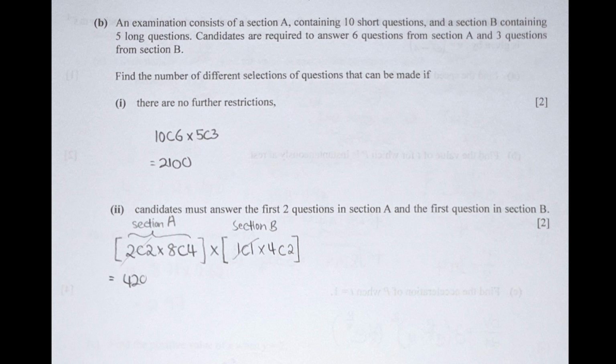This is for section A. Followed by section B, they selected the first, there's only 1 first question, so 1C1 for it, and of the rest I have 4, I randomly choose 2. So whenever your n and r are the same, it will result in 1 when it is combination. So I automatically cancel them off. Then I took 8C4 times 4C2, you get your final result as 420.